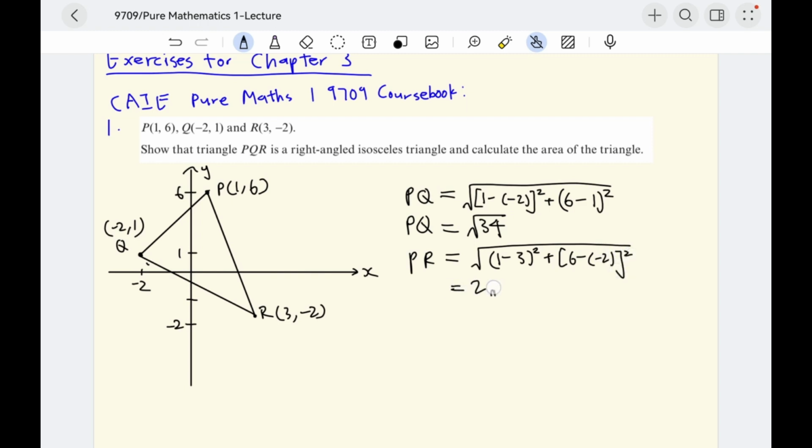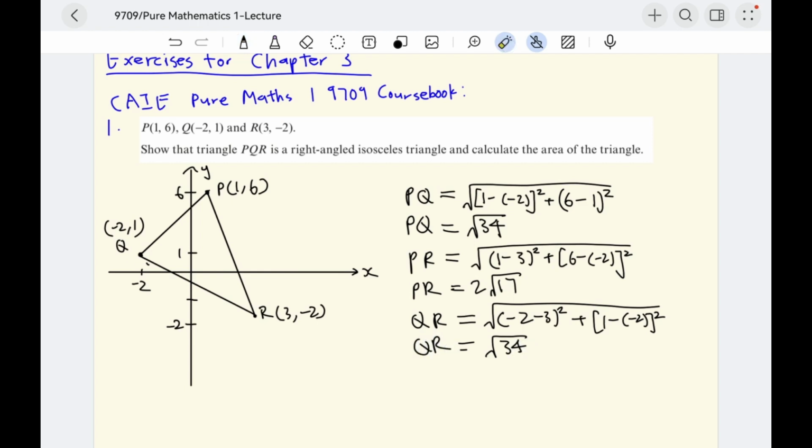So you have 2 square root of 17. For QR, you have (-2 minus 3) squared plus (1 minus -2) squared. So QR is square root of 34.